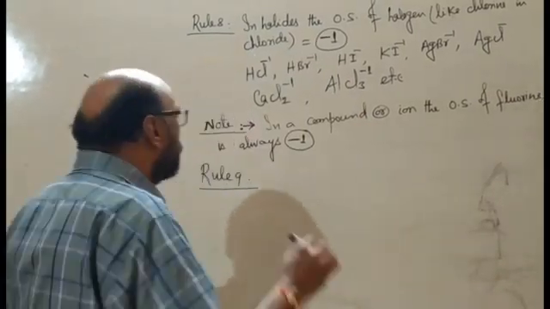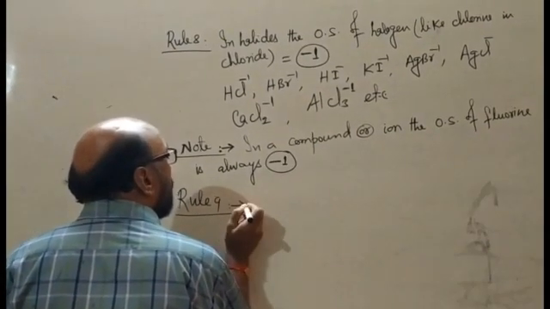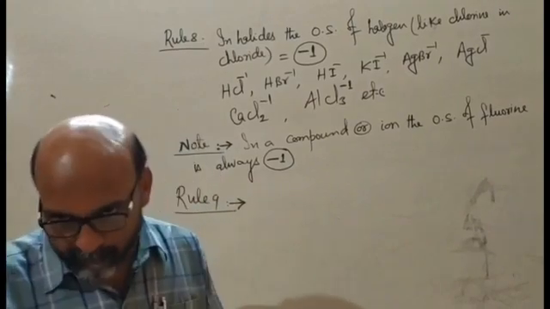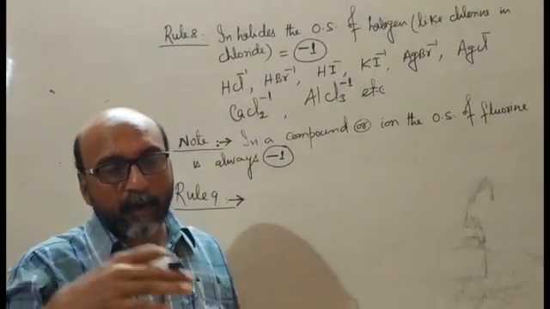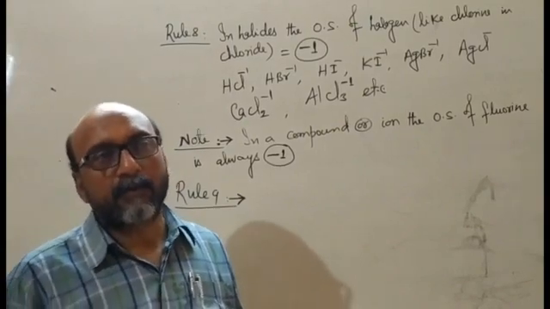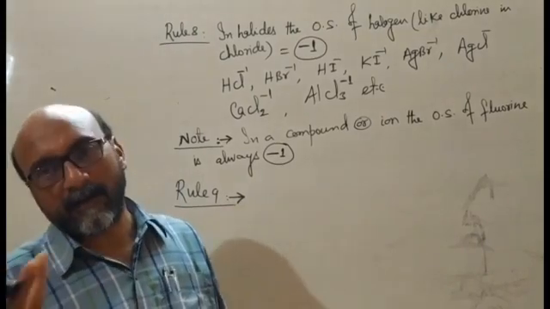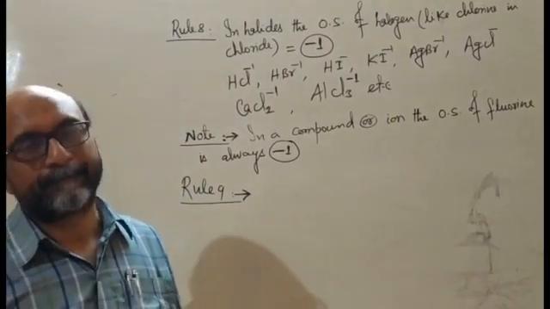As you know, oxygen usually gains 2 electrons to convert itself into oxide ion, that is O2 minus.